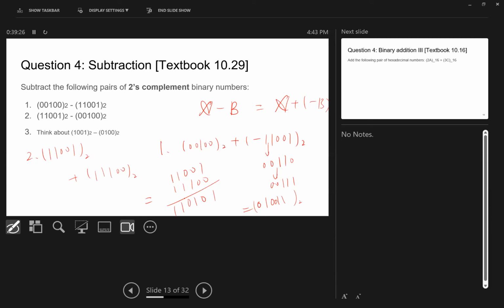So actually, to validate what we are going to do for this overflow bit, we are going to transform these numbers back to their decimal notations, and then try to do the addition and subtraction. What's the decimal representation for this two's complement? It should be negative 15, right?